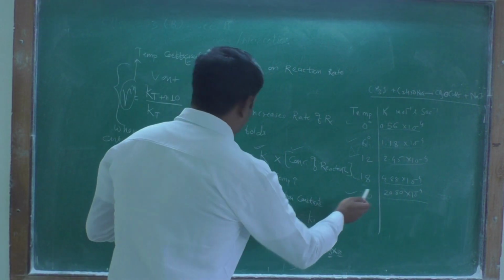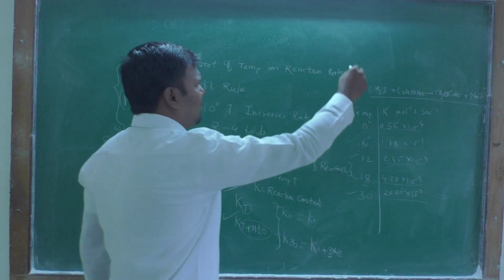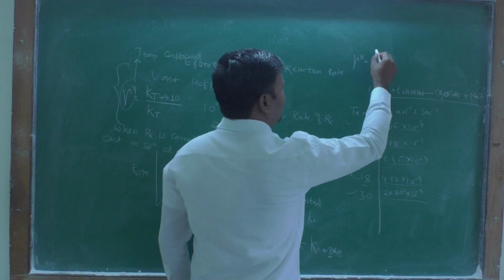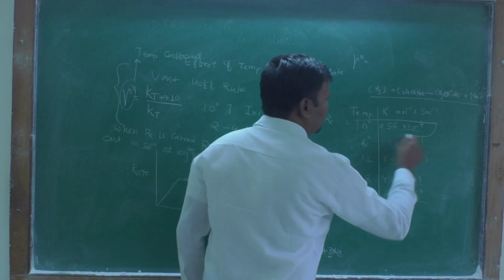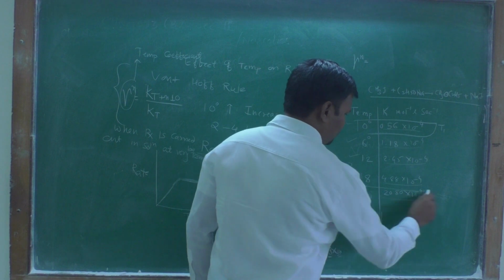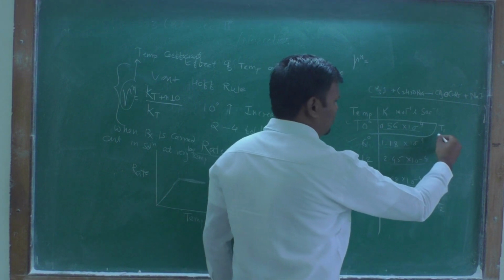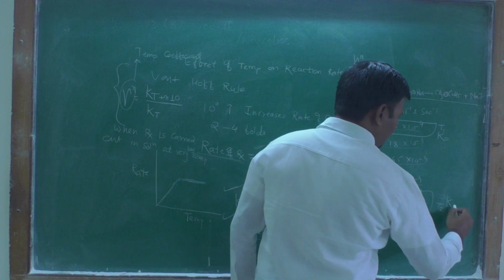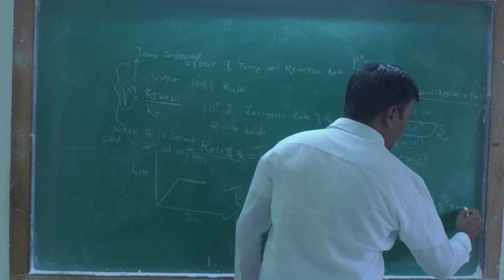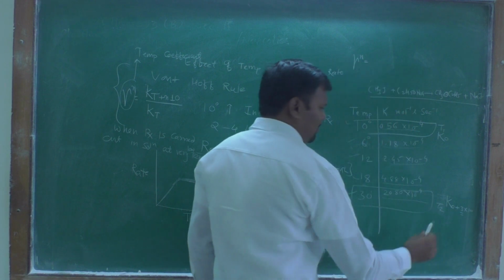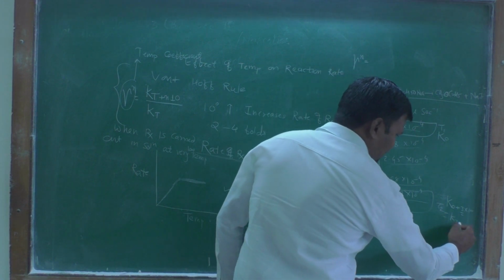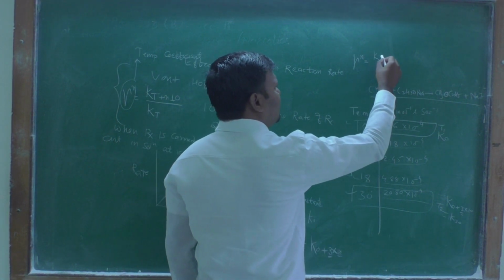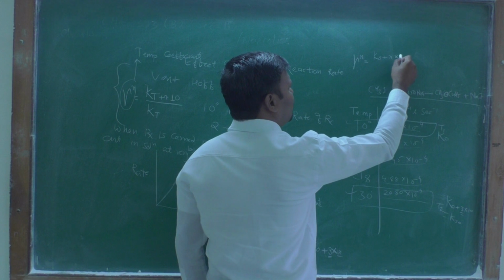When we put these values in this equation, gamma raised to n is equal to k at T plus n into 10 upon k at T. If this is your T1 and this is your T2, then for this temperature it is k0 plus 3 into 10, which is equal to k30. Two different rates we have, k30 upon k0.